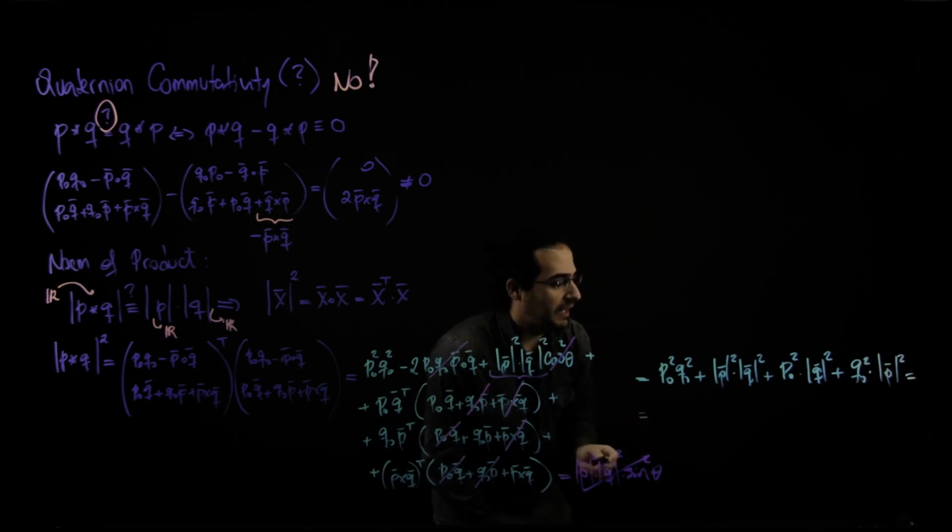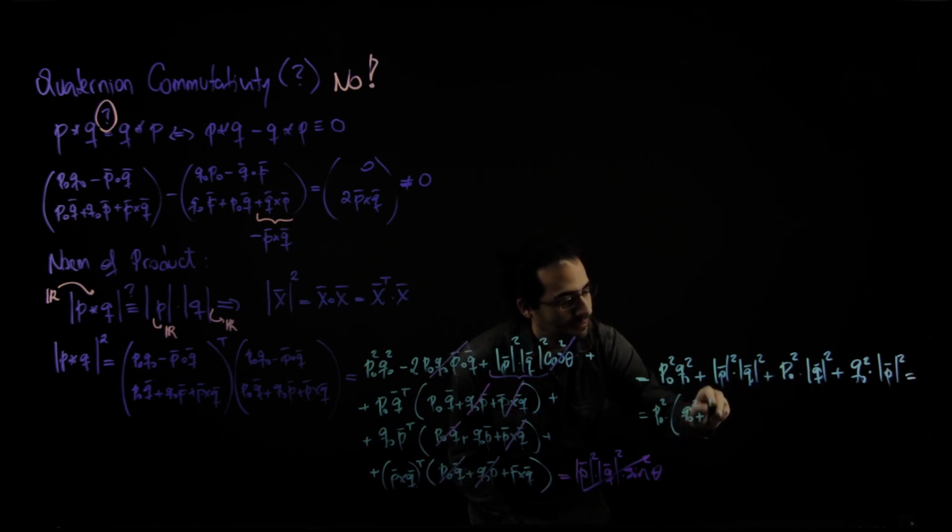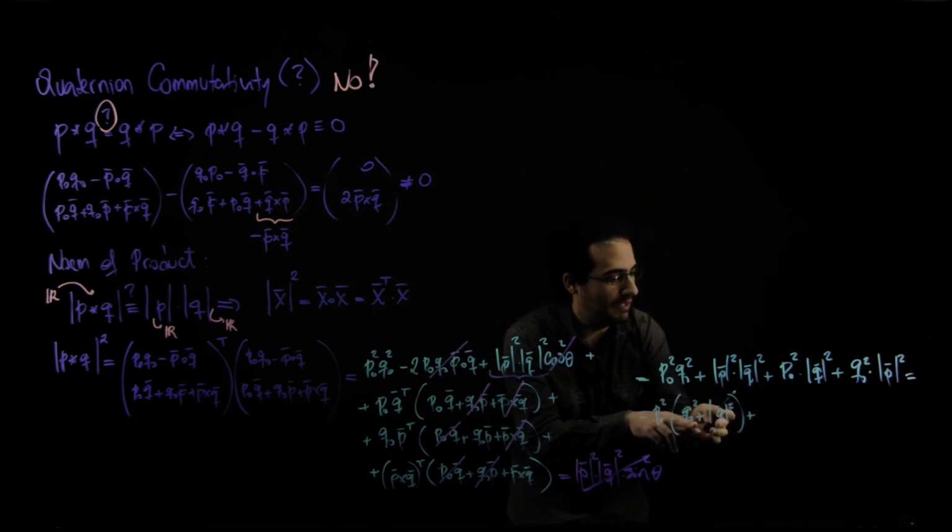And finally, we can put those two terms together. So you will see that P0 squared is equal to Q0 squared plus the norm of Q squared. Okay, so those two terms become this one.